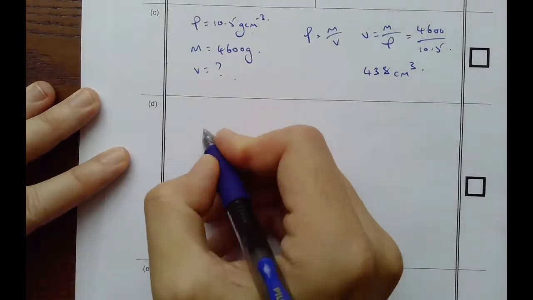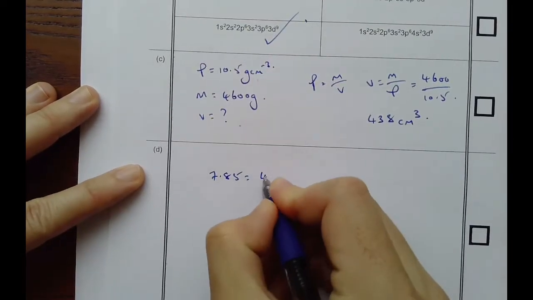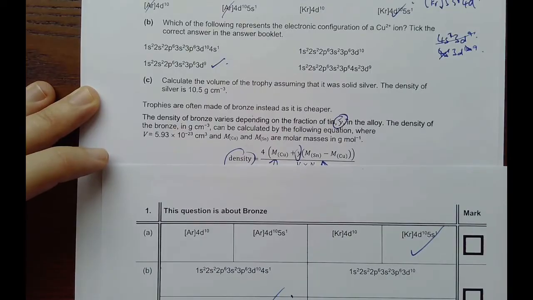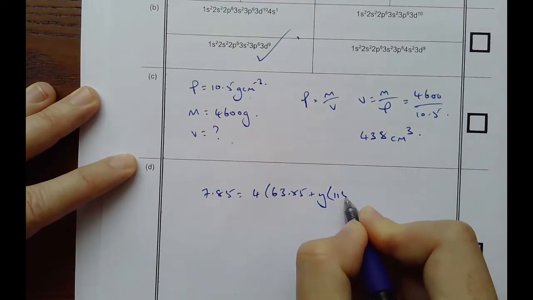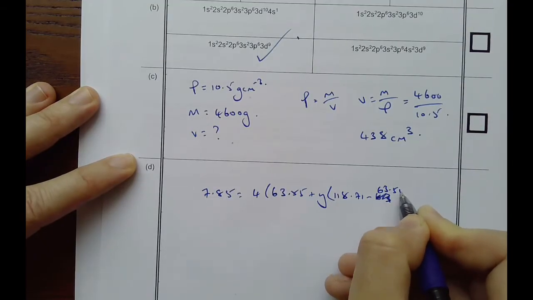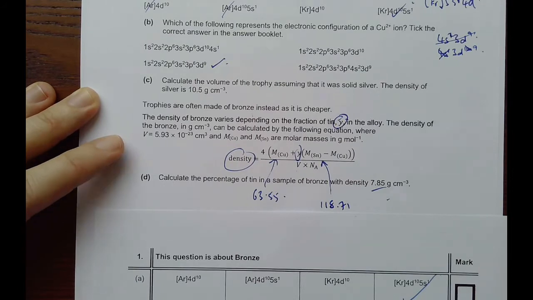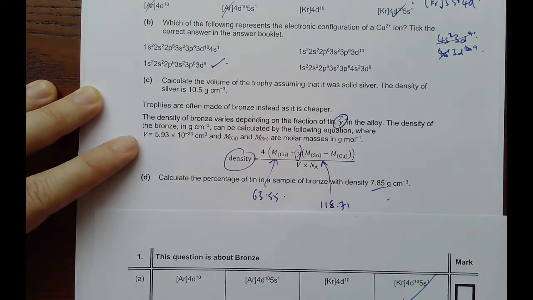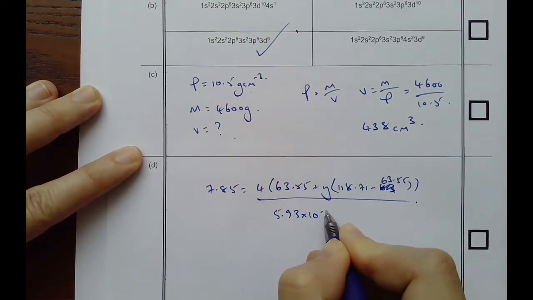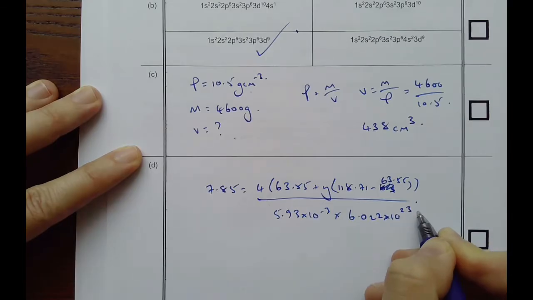So I'm just going to put the numbers in and then see if it's easy to work out: 7.85 equals 4 times 63.55 plus then the difference multiplied by the fraction, so it's going to be 118.71 minus 63.55, all divided by the volume, which is 5.93 times 10 to the minus 23 multiplied by 6.022 times 10 to the 23.